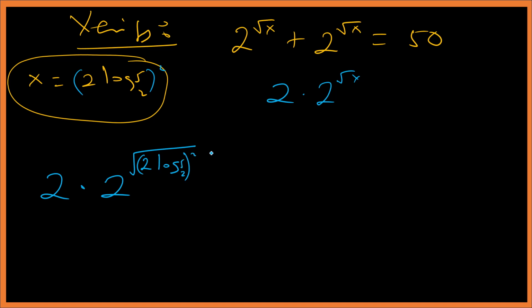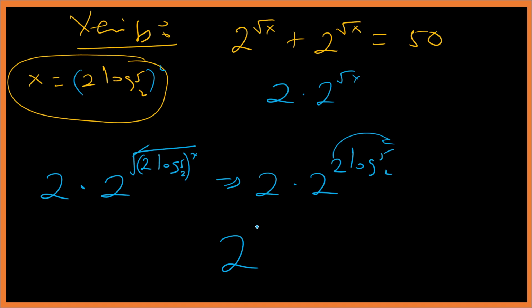The squared and the root will cancel, which will be 2 times 2 raised to 2 log 5 to base 2. Now remember there's a power rule, so it is the same as 2 times 2 raised to log 5 squared to base 2.